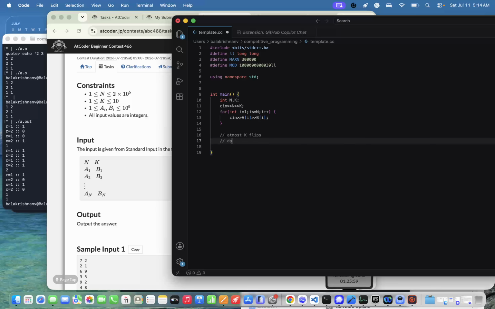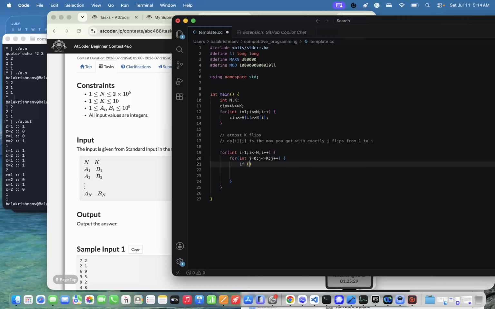So dp of i j is the max when you've got exactly j flips in 1 to i, right? Okay, j goes from 0, j plus plus.